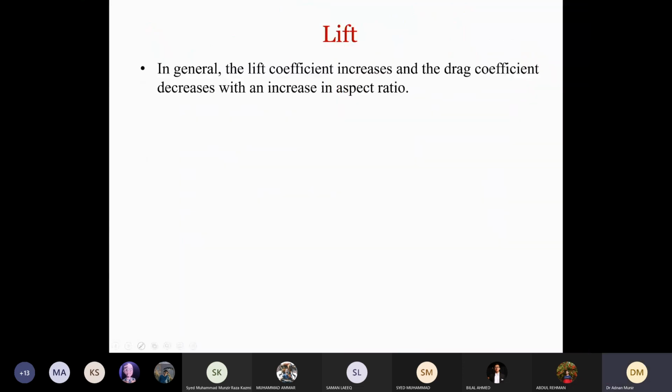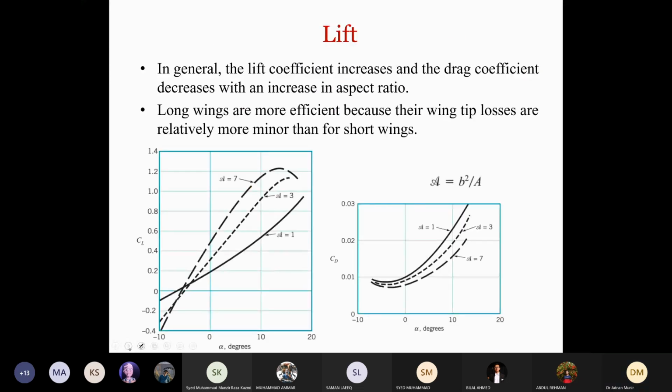Okay, in general, the lift coefficient increases and the drag coefficient decreases with an increase in aspect ratio, right? So now you can see here that these are called polar diagrams, which are plotted between lift force, drag force versus alpha.